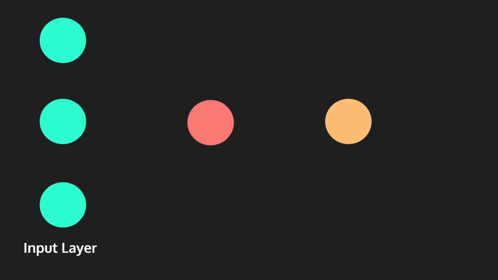These are the input neurons. We input values into these input neurons, and the red dot is part of the hidden layer, right? And this red dot is also a neuron. And finally, we have the output layer, which is this yellow dot.